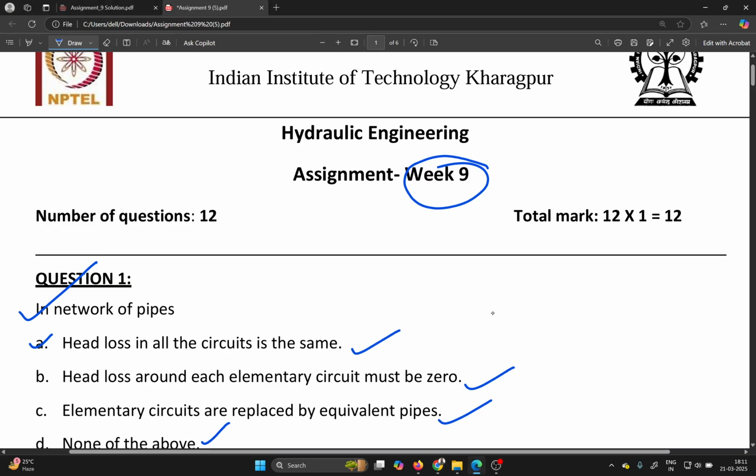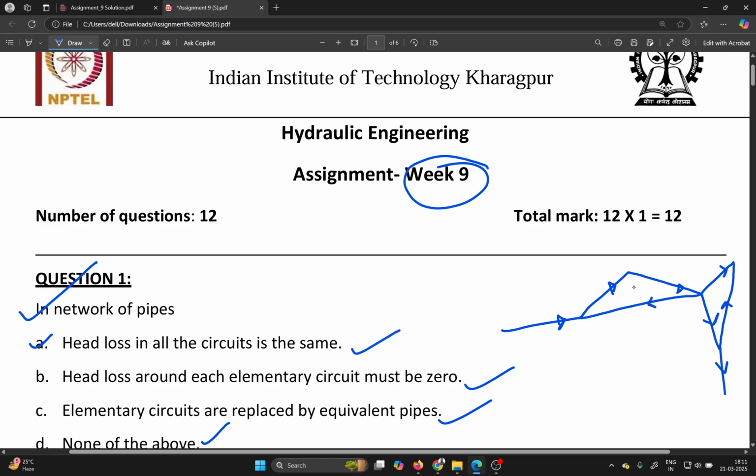So here actually the circuit means, let us suppose water is going in this direction like that. Like that.